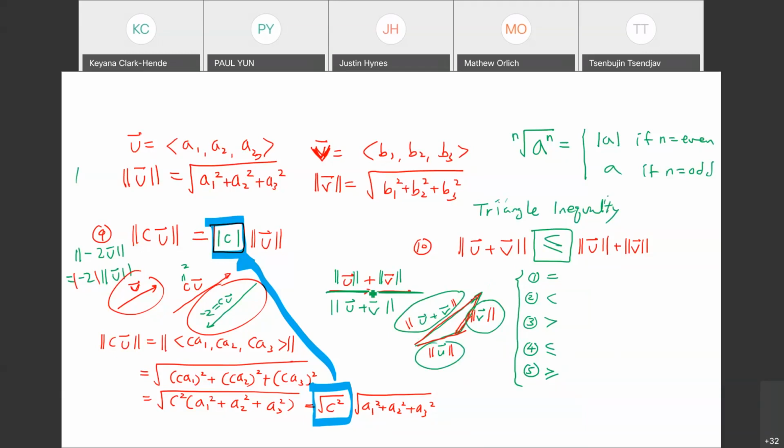You add this one, that's u plus v, and the length of the sum equals the sum of the lengths. But if u and v are not parallel, you're always gonna make a triangle, and two sides are always larger than the third one. Of course, you think about it. You walk straight to here. This takes less time than going around.